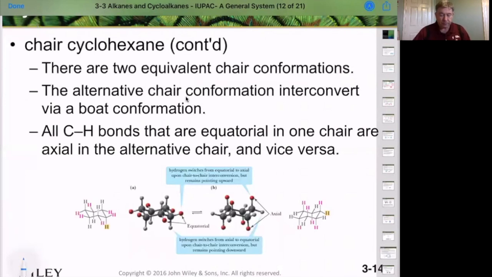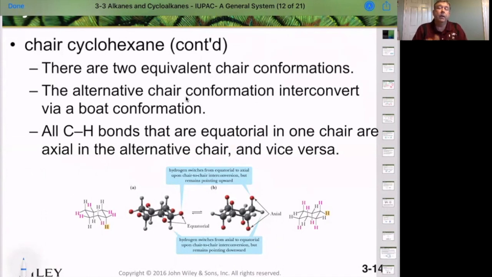Okay. So we started with the chair conformation, and if you pucker one up and pucker one down, that's the chair conformation right here. But can this side pucker up and that side pucker down? Well, yes, it can. And so we have two possible equivalent chair conformations, and they'll convert back and forth through the boat conformation until there's something different about it.